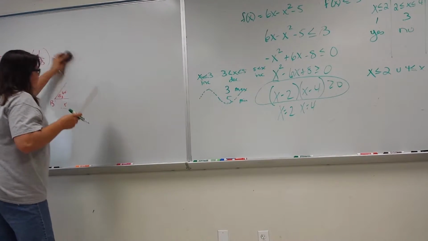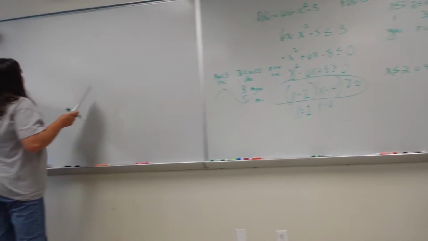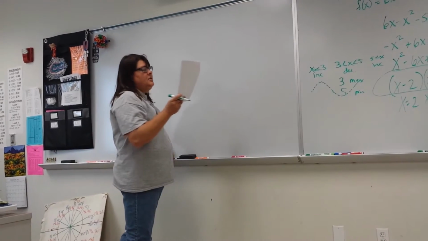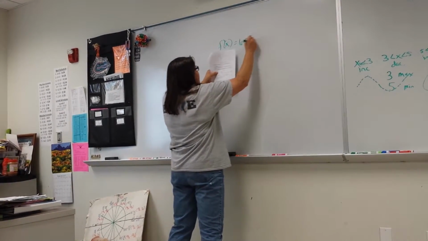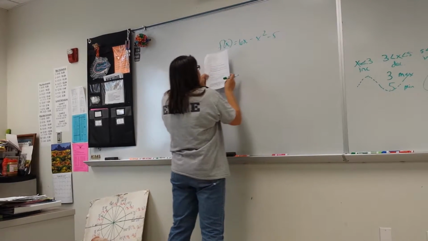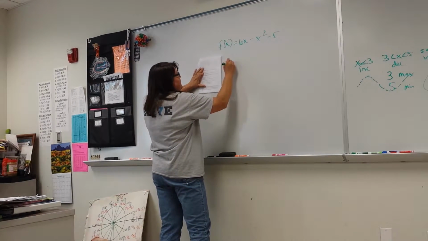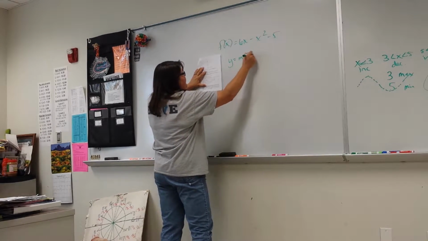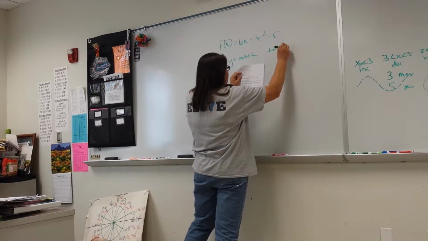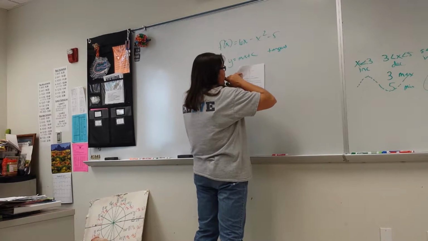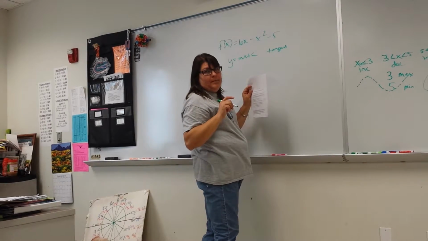It would help. Okay, so for part II, the function is given by, once again, f of x equals 6x minus x squared minus 5. It says, given that the line y equals mx plus c is tangent, which means it's the derivative of that function, it means that they share the slope at that one point.